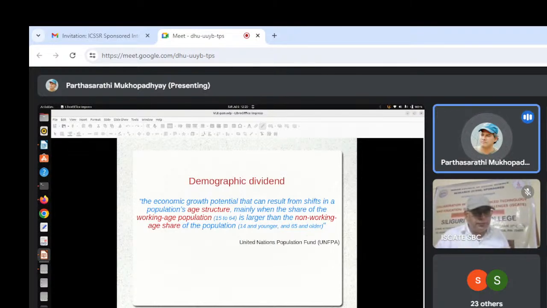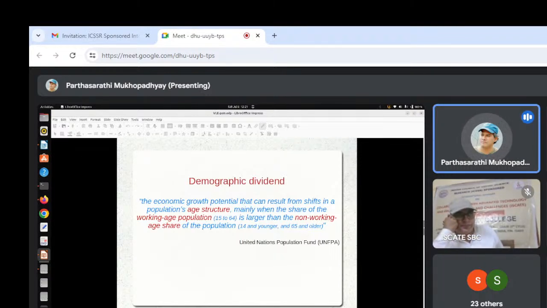The normal situation for a country is that the non-working age share is higher than the working age share. Where the situation is reversed, with the working age share higher than the non-working age share, technically the country is said to have a demographic bonus, a demographic dividend, and this only comes every 500 or 700 years in the cycle.